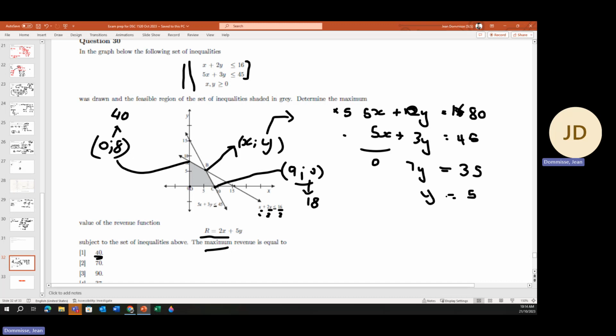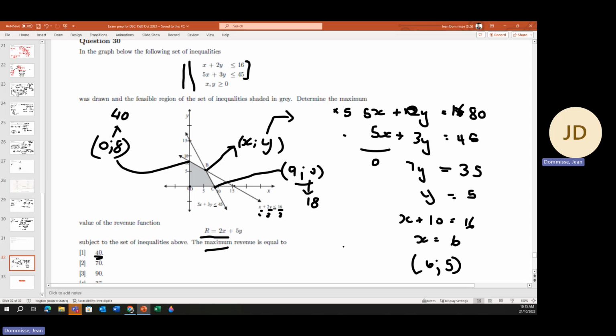So Y is equal to 5. Put Y equal to 5 back into the first equation. So X plus 10 is equal to 16. So X is equal to 6. So we can now have this as 6 and 5 and put it into this total revenue equation.